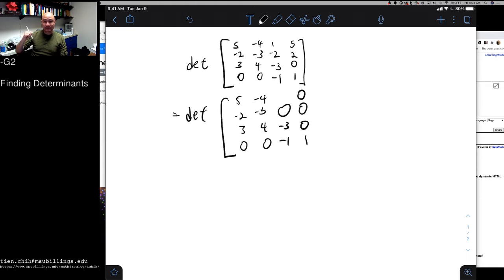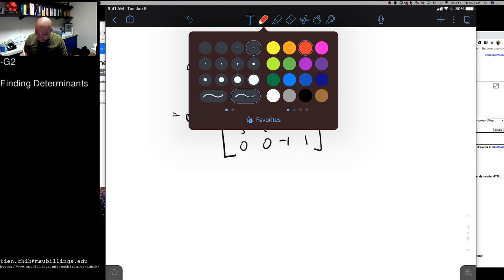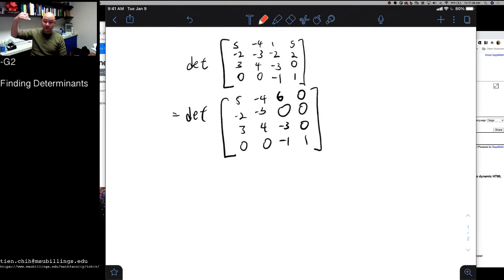And then minus 1 times minus 5 is positive 5, plus the 1 gives me a 6 here, right? And remember, both of those moves, taking copies of a row and adding it to another row, don't change the determinant. So this is a for real equality.